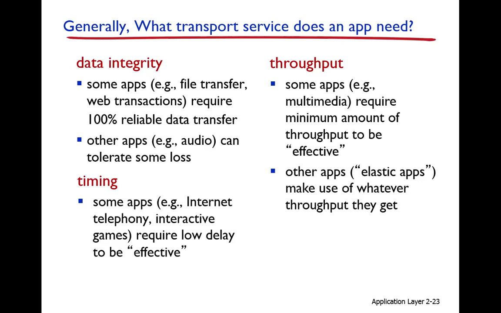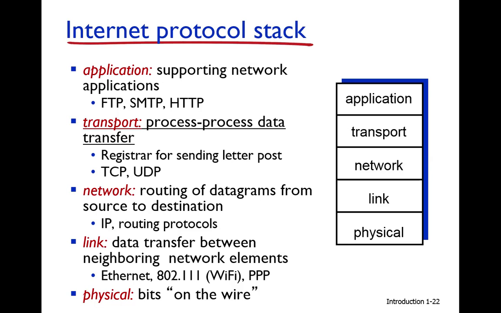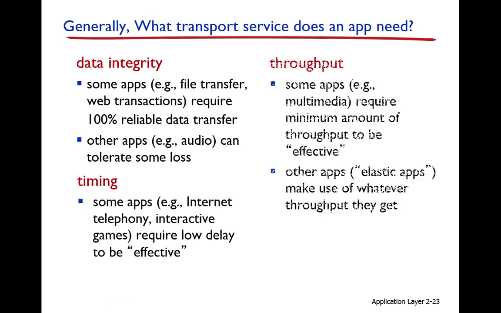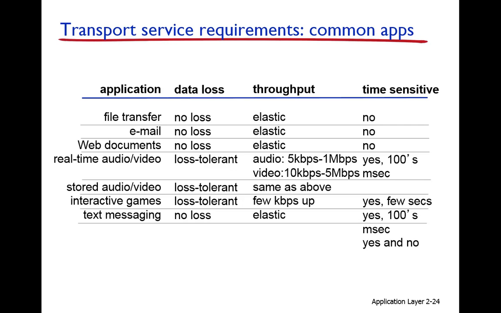As I have explained, the transport layer transfers the data from application to application, from process to process, and from the application point of view there can be these requirements. Now we are going to explain some applications through examples.